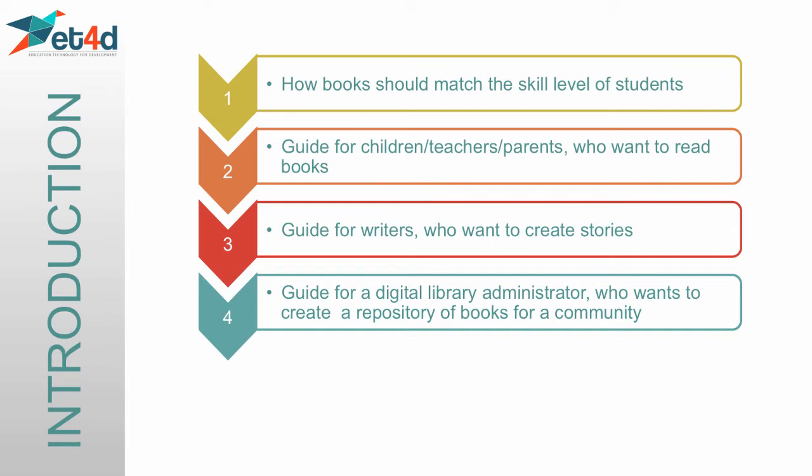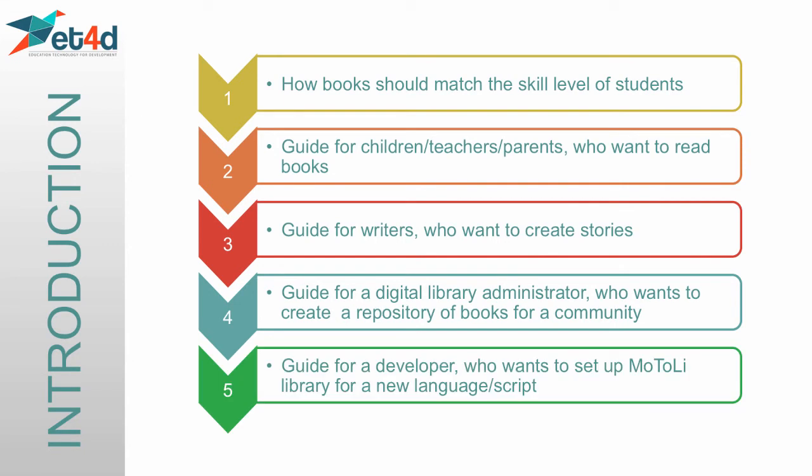A guide for a digital library administrator who wants to create a repository of books for a community. 5. A guide for a developer who wants to set up MoToLi Library for a new language or add new functionalities to the current program.